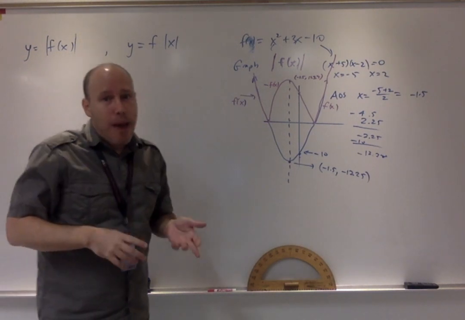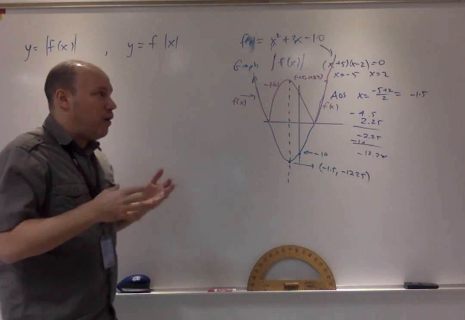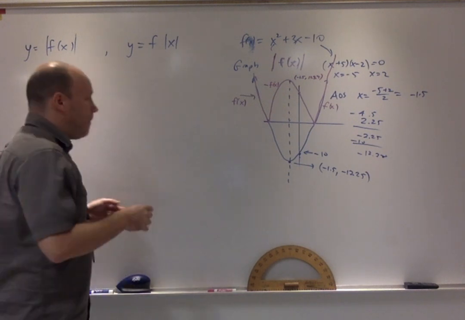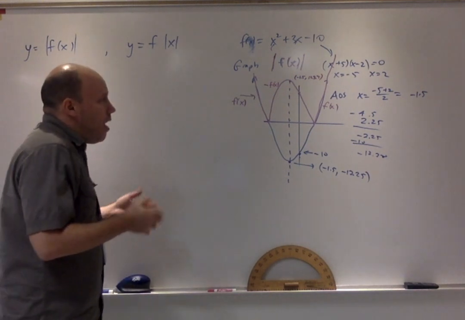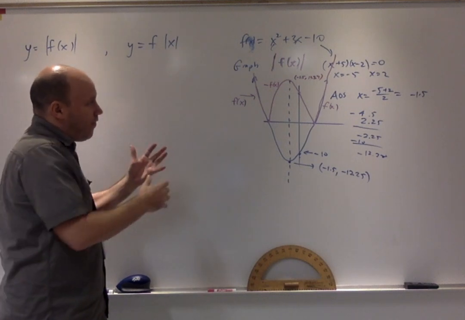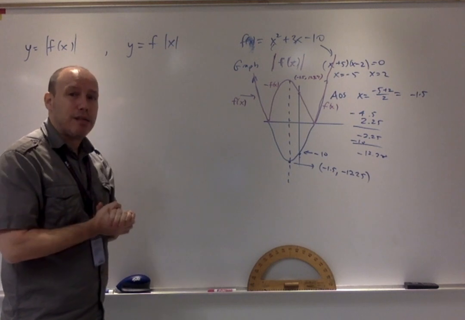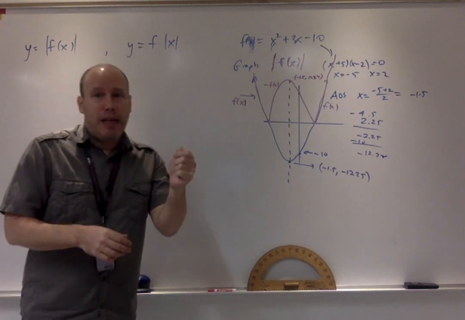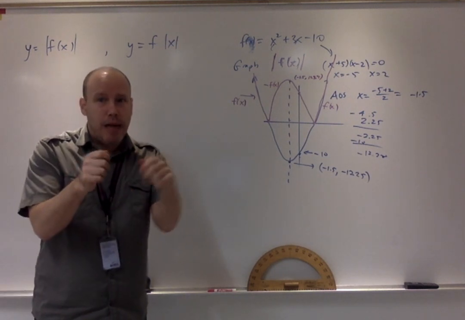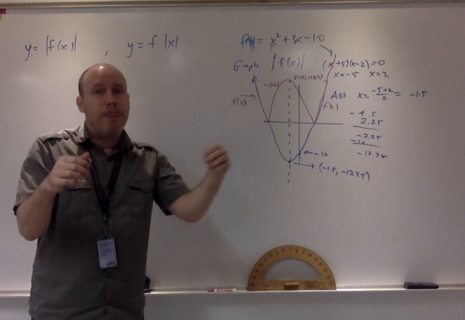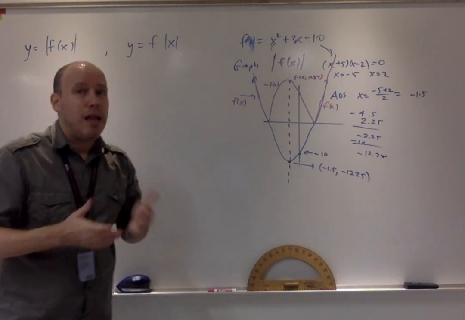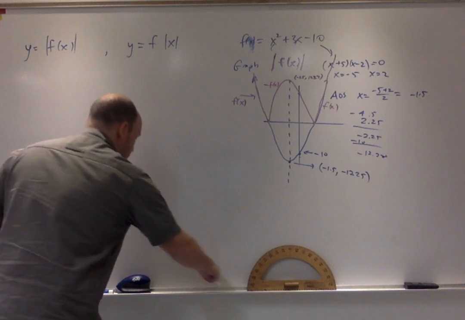So what's going to happen is the graph is going to look basically like the graph to the right of the y-axis was simply reflected over the y-axis. If you think about it, -1 is the same thing as 1. -2 is the same thing as 2. -3 is the same thing as 3. Let's take a look at that.